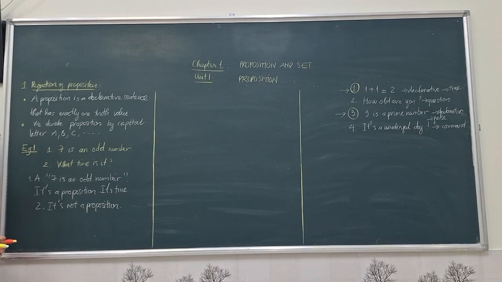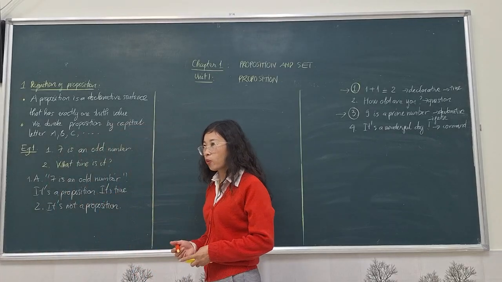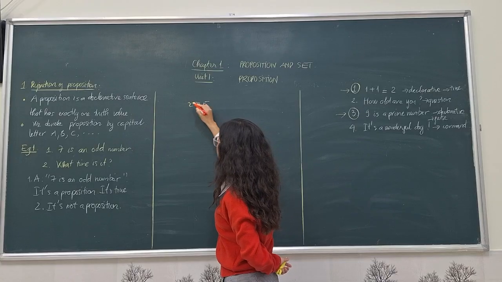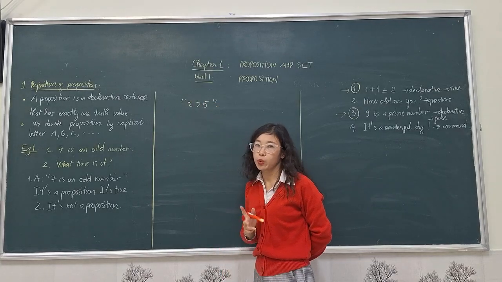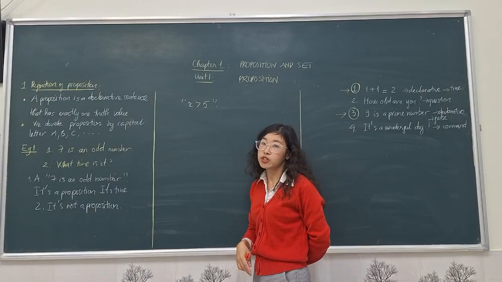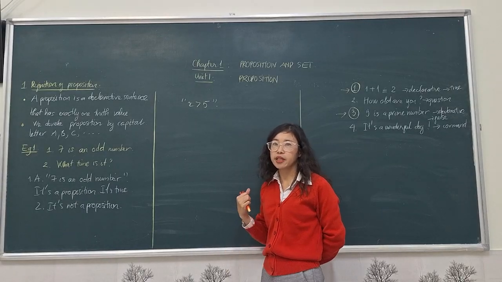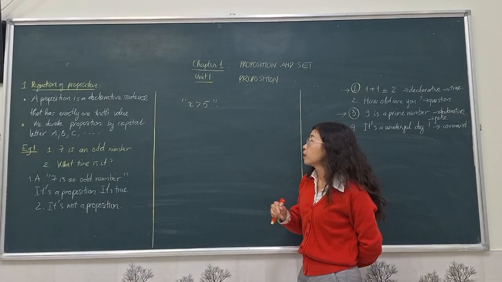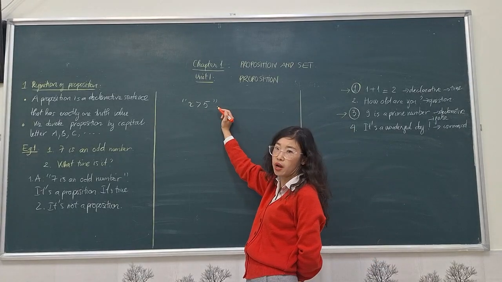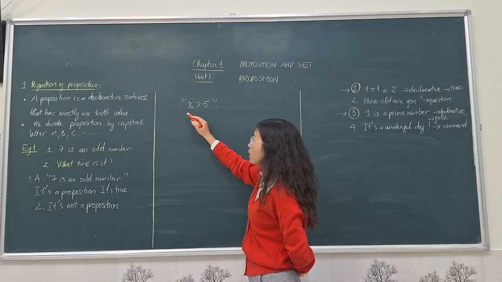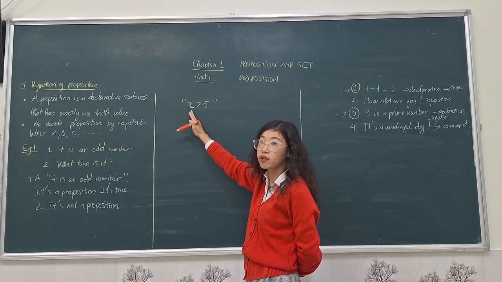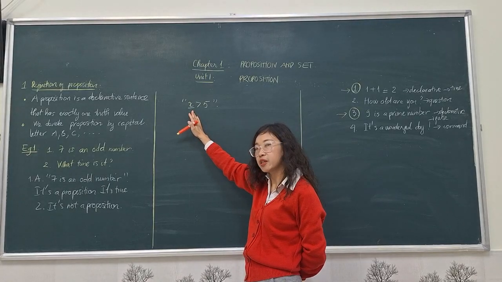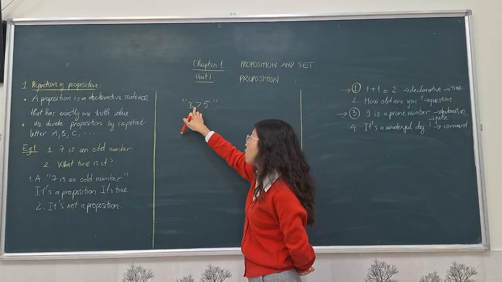Okay, now I have another example. Look at the board and be careful about this: x is greater than 5. Answer two questions. Does this sentence have variables? And can we determine its value immediately? We have the variable x here, so it has one variable. And we cannot determine its value immediately because it depends on x.